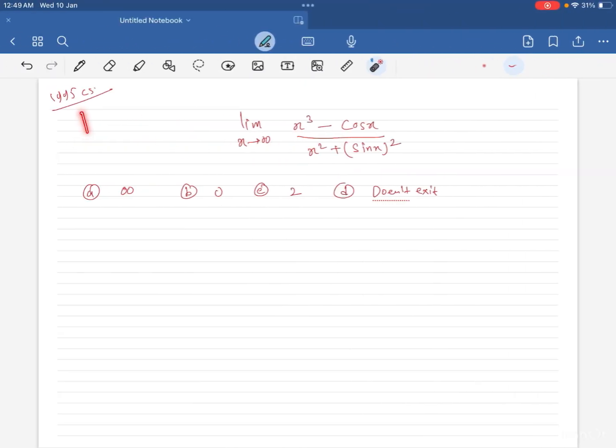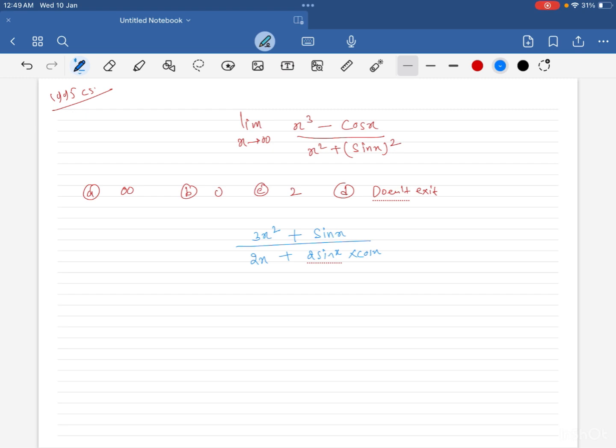Okay, let's try this question. Limit x tends to infinity, so that will be infinity by infinity, I think. So we can differentiate, so 3x square plus sin x divided by 2x plus 2 sin x cos x, right?